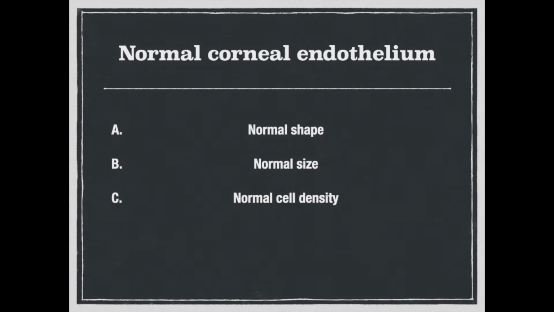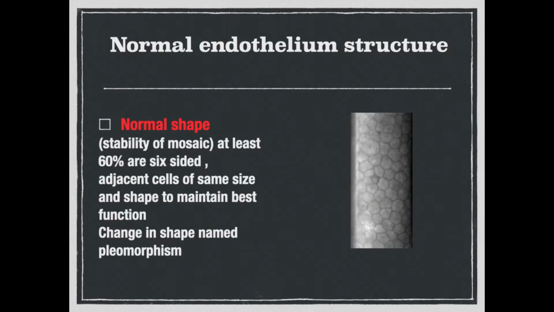Normal corneal endothelium has normal shape, normal size, and normal cell density. What is a normal shape? The stability of the mosaic: at least 60% of the cells should be six-sided cells. Like this picture here, most of the cells are six-sided hexagonal cells, adjacent to each other, of average similar size and shape to maintain the function.